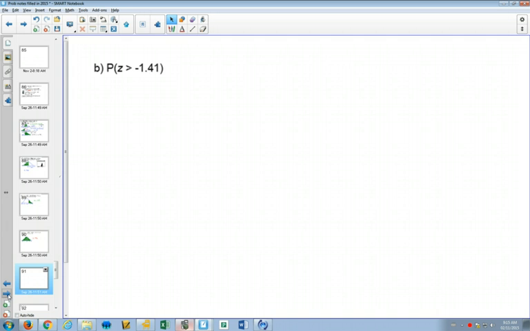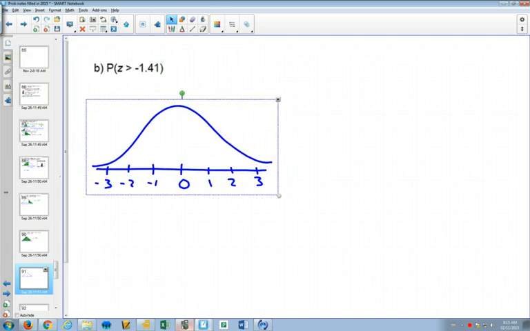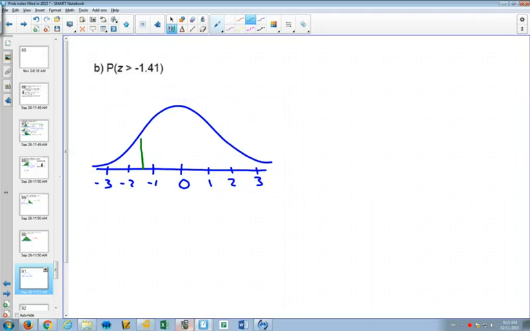What's the probability z is greater than -1.41? So again, we go, where's -1.41? About there. We want to find greater than.